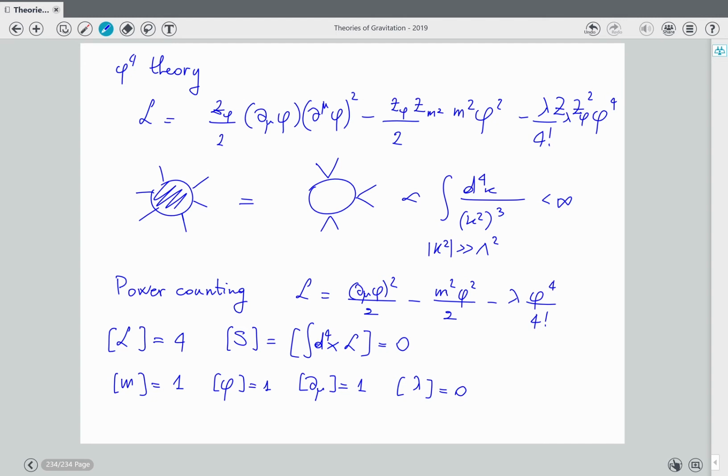Now you understand why there cannot be any counter term that can be generated, this one, with many phi's or many derivatives, because we have written all the terms with dimension 4 with no dimension. You see, we do not have parameters with negative dimension.